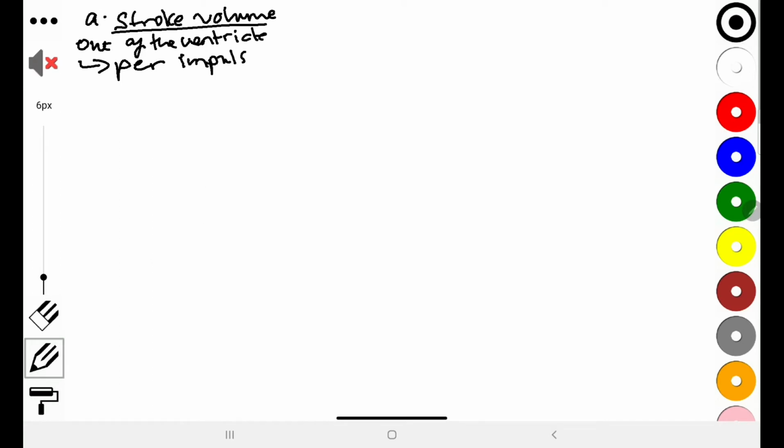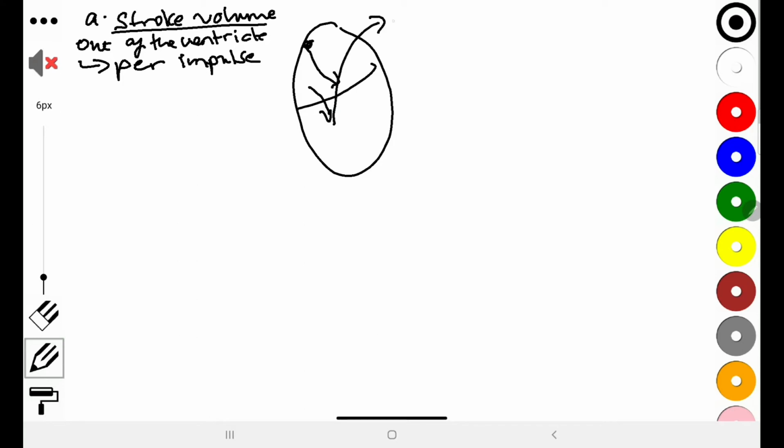So this is the amount of blood out of the ventricle per impulse. And so if you have your SA node firing, it fires this way, blood goes into the ventricle, the amount of blood that will come out is what is known as stroke volume.